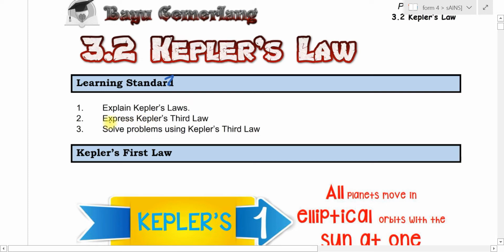Secondly, you must know how to express Kepler's third law. Express means in an equation, and then solve problems using Kepler's third law. Because first and second are mostly not related to equations or calculation. Third law only, baru kita ada equation.